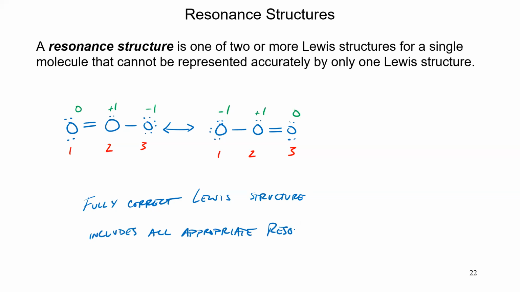Now we will do an example where not all the resonance structures are the same. Some are better than others. In that case, you do not have to include them all. Just include the best one. But between the one on the left and the one on the right here, they're exactly the same, so we can't represent ozone with just a single resonance structure.